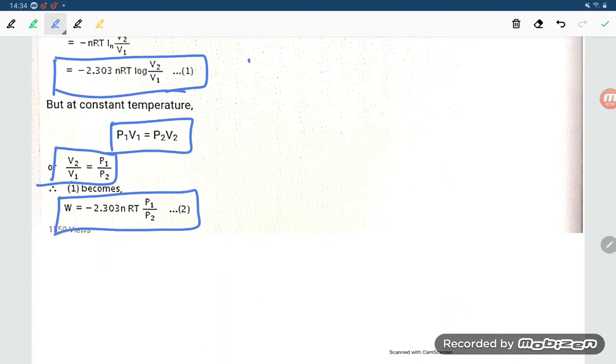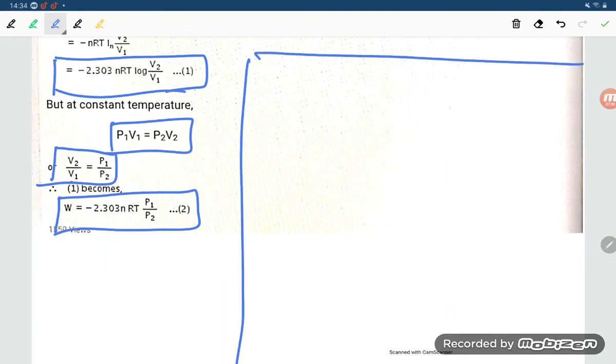If you want, I am doing this again here. You can see a small change in work in the reversible process. W is equal to minus what formula, student? P dV. Okay, small work done.